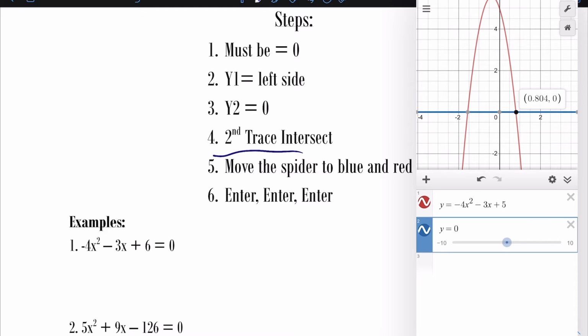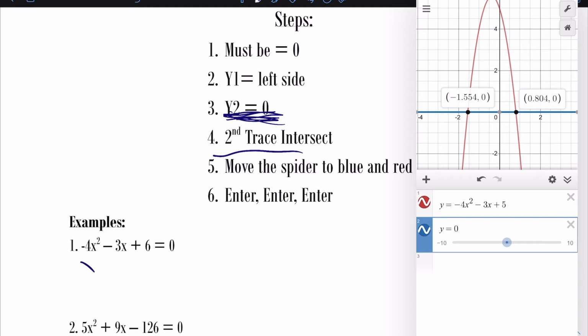Whenever we do this, we are trying to find the intersection, and since this second equation is at y equals 0, that means we're trying to find when the parabola is touching the x-axis, which is the same thing as finding the x-intercept, which is the same thing as finding the roots, which is the same thing as finding the solutions, which is the same thing as finding the zeros.